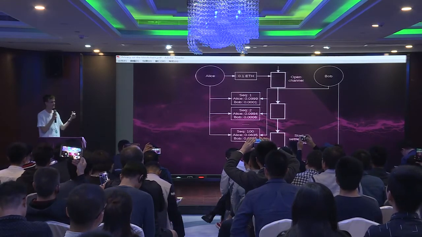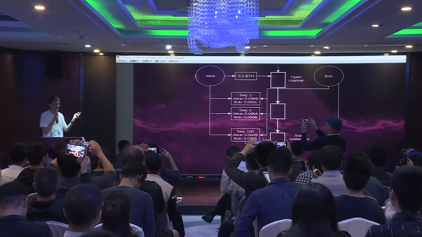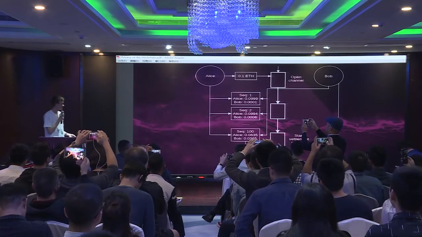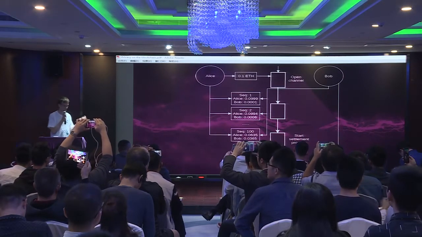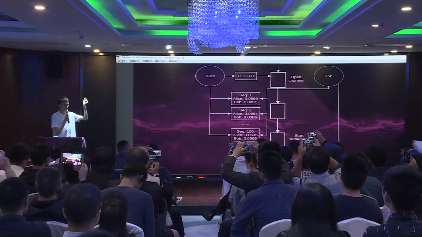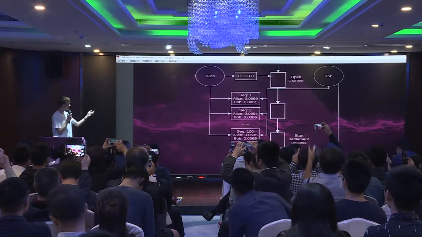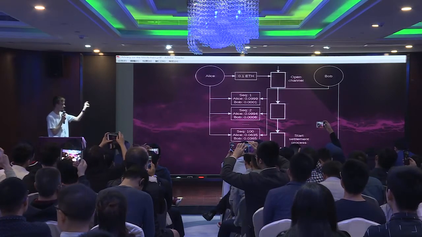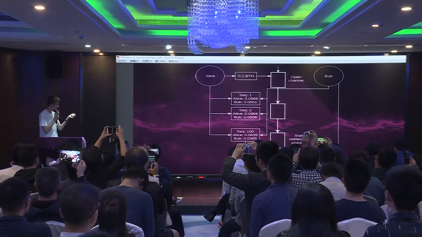So in a payment channel network, in one payment channel, you would have two participants, and the way you open a channel is you think of it as one of the two participants sends some ether into a smart contract. So here Alice sent 0.1 ETH into a smart contract, and this smart contract represents the channel.